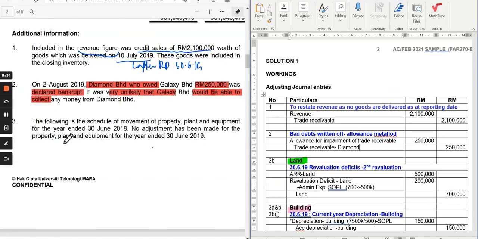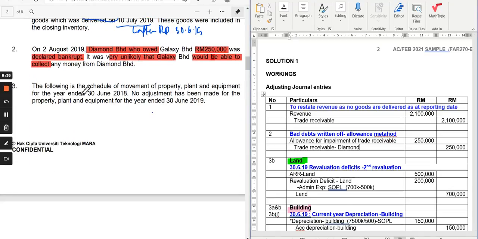Next, this is the information regarding PPE. We have the schedule, right? Schedule of movement of PPE, not for this year, but for the prior period, which is on 30th of June. No adjustment has yet been made for the property, plant, and equipment for the year ended 30th of June 2019. This is our reporting date.